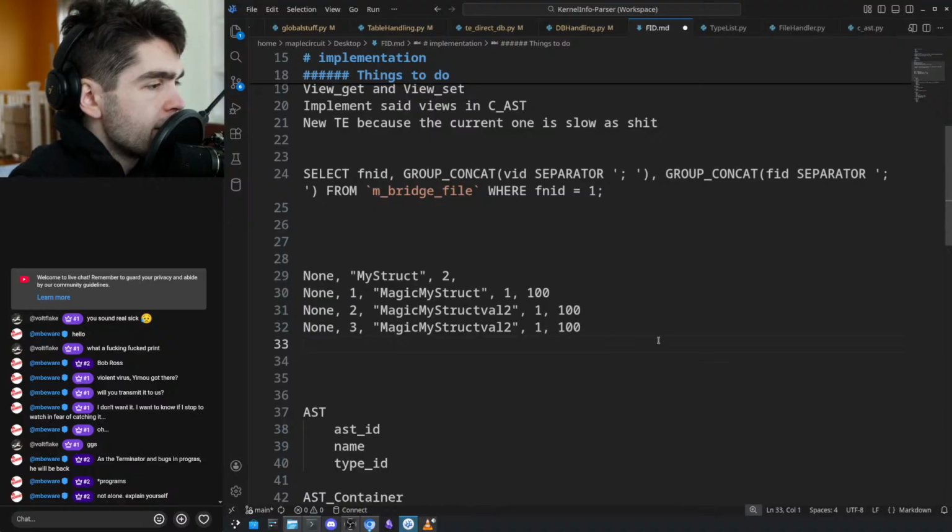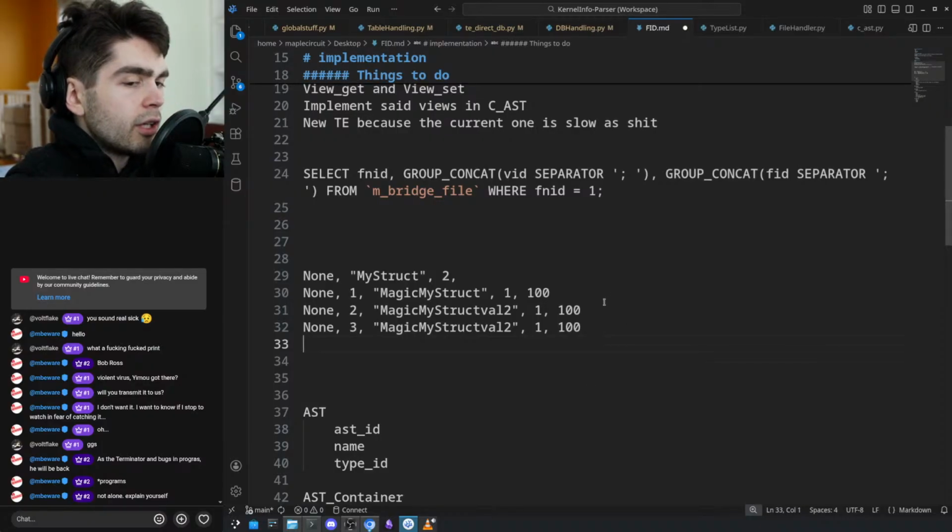So maybe we create a new construct. Okay, maybe I was too minimalistic with my approach.